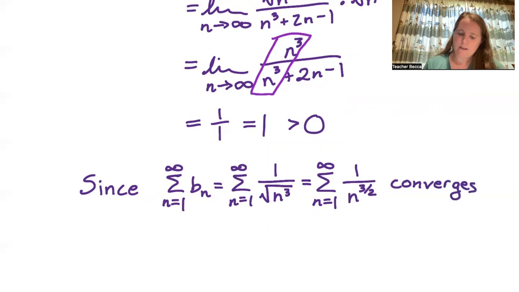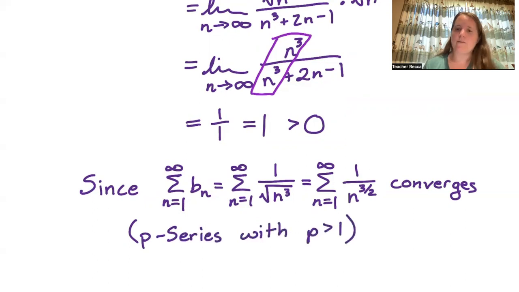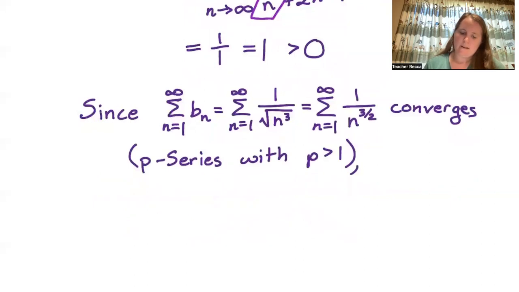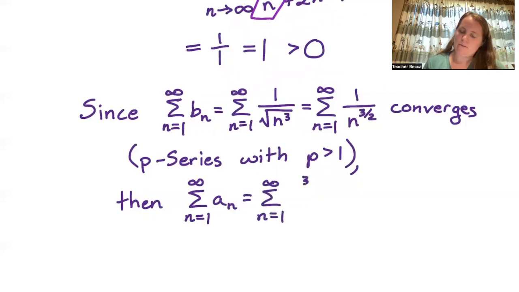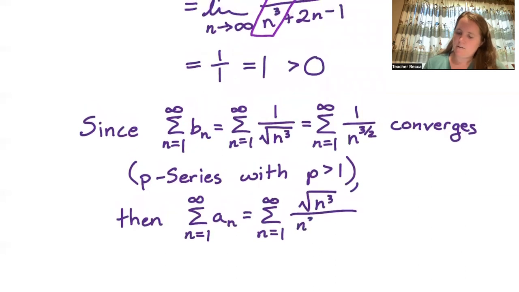Again, here we have a p series with p being greater than 1, so we have convergence. Then we also have that the sum from n equals 1 to infinity of a sub n, or the sum from n equals 1 to infinity of the square root of n cubed all over n cubed plus 2n minus 1 also converges.